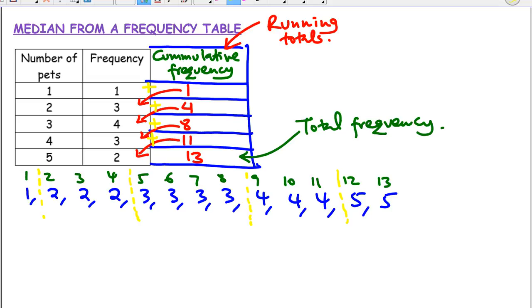So what I'm saying here is, suppose we just had this table. How do we get the median? Before we actually get the median, we need to get the position of the median.